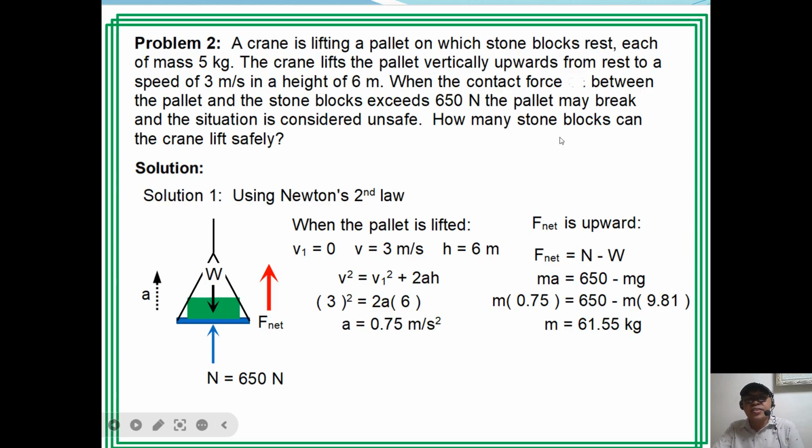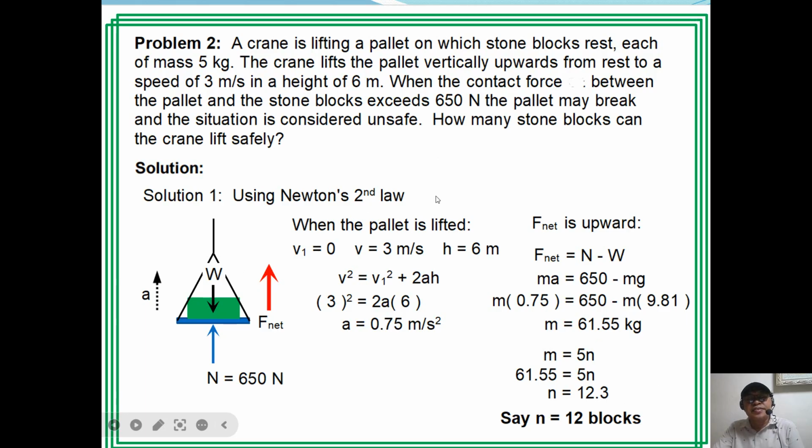Then, each stone block has a mass of 5 kilograms. So, we can now compute for the number of blocks. So, M equal to 5N, where N is the number of blocks. So, 12.3. So, the maximum number of blocks that can be carried by the pallet is equal to 12.